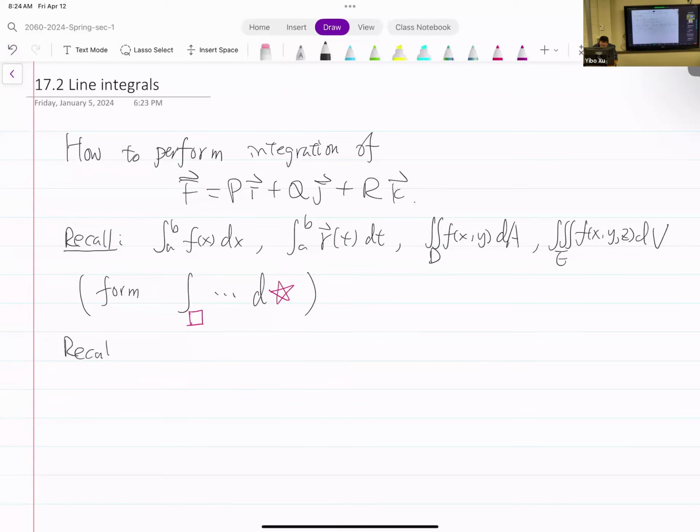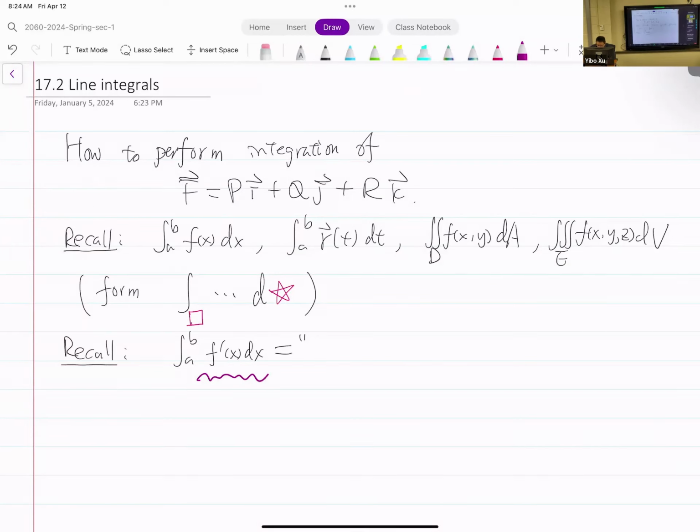Now for our section, we want to also recall another way of writing a definite integral. Basically, when you see the definite integral from A to B of f prime, naturally you can think about the fundamental theorem of calculus. But another way to think about this is that this is f prime times dx, right?